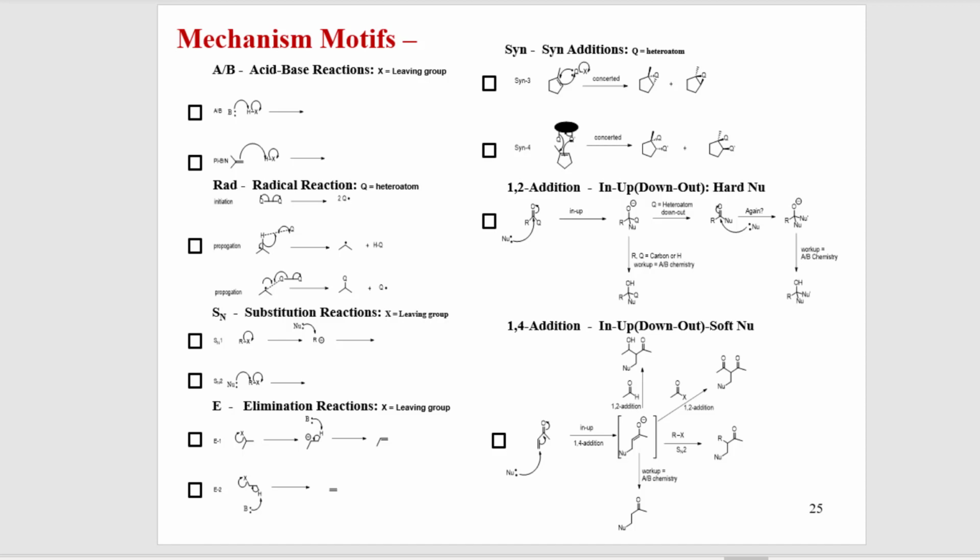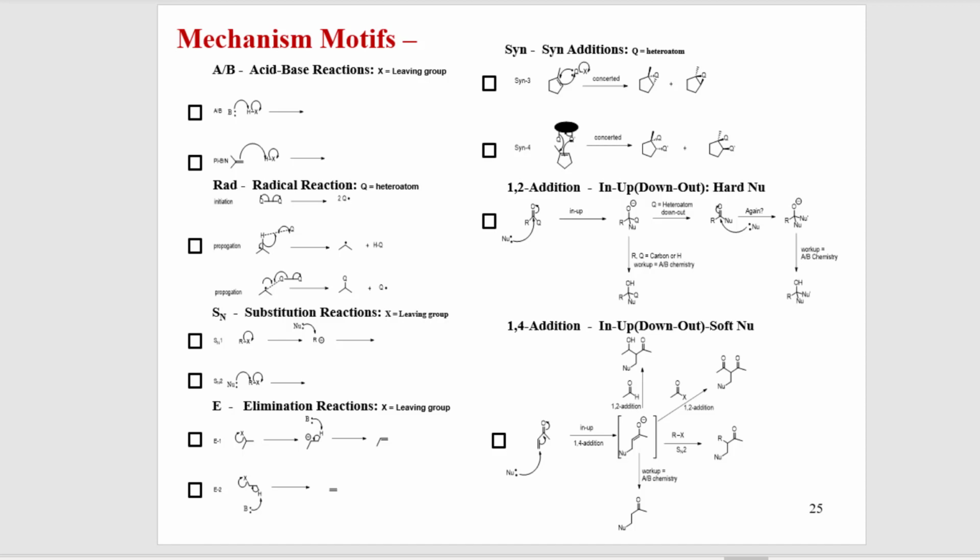Remember, I said learning organic chemistry can either feel like a massively daunting task of memorization, and you'll feel like you have to memorize every permutation, or you can learn the mechanism motifs for each of these types of reactions, figure out when to apply them, and then, just like math, understand that I know how to do addition. You can give me any number you want. I know I can add those two together and give you the product. I want you to be able to use these just like you understand functions in math.